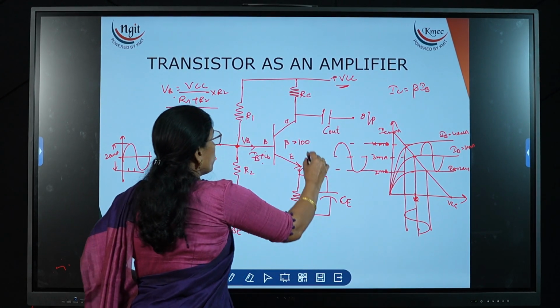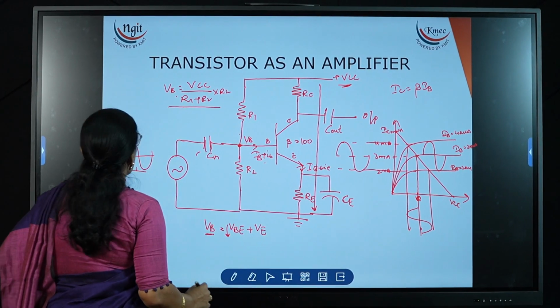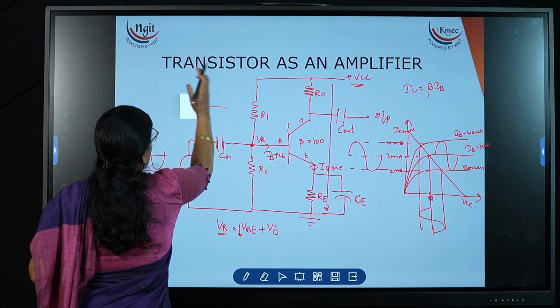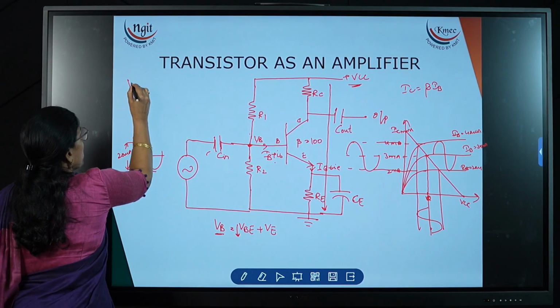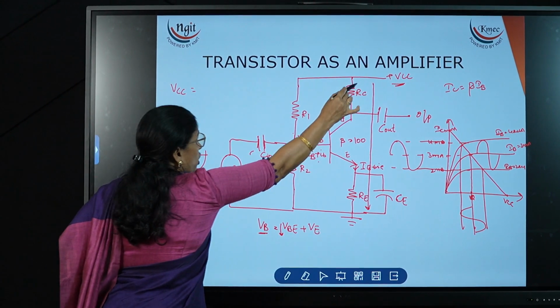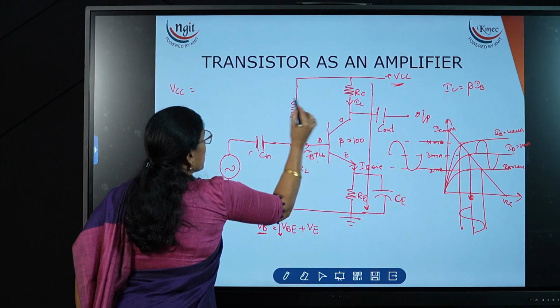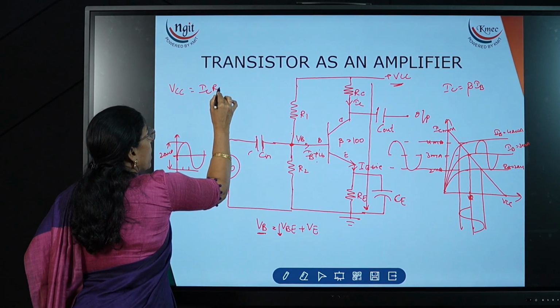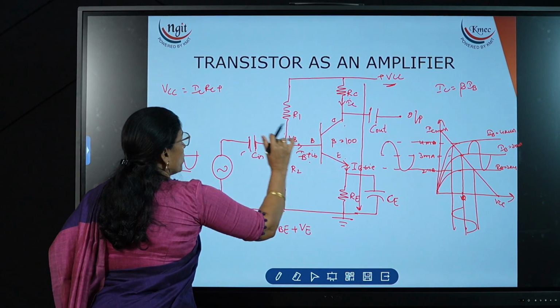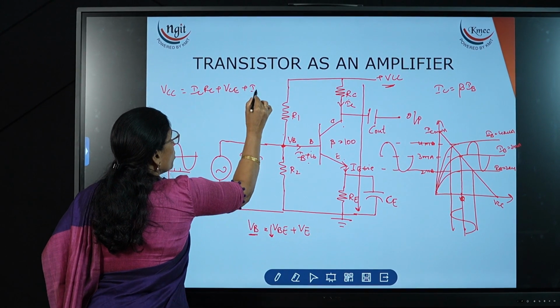Why does it reduce? Take the KVL at the output side. What is the expression for the output KVL? So the applied voltage is VCC. VCC is equal to, what are the drops? Now you see here, this is the current, what is the current? IC current. IC into RC, this is the drop, VCE junction voltage, and this is IE into RE.